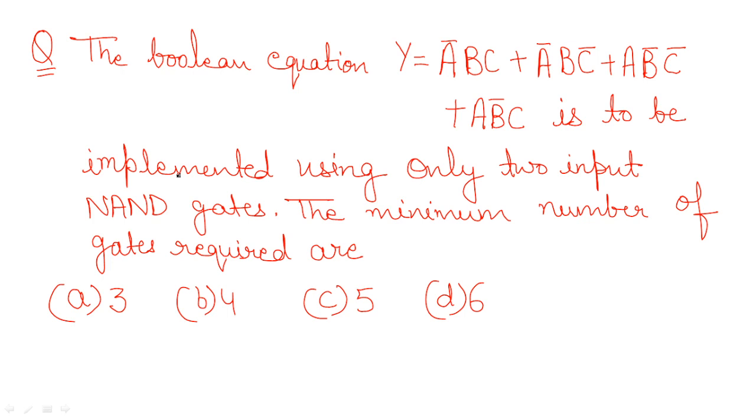The Boolean equation which has been given to us here is y is equal to a bar b c plus a bar b c bar plus a b bar c bar plus a b bar c, to be implemented using only two input NAND gates. Okay, the minimum number of gates required are, so basically how many minimum number of NAND gates we need to implement this Boolean equation.